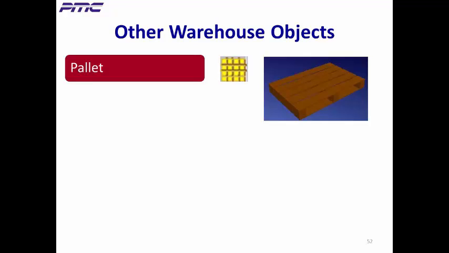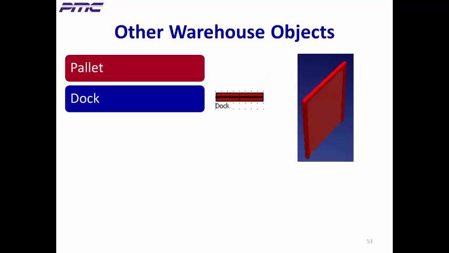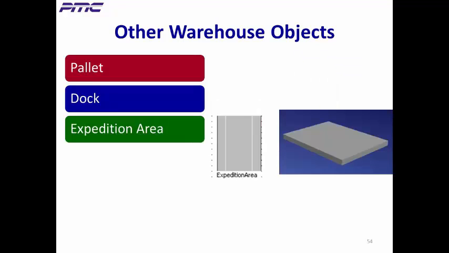They can be customized for width, height, truck connect and deconnect times, pallet pickup and put away times, usage as inbound only, outbound only, or both. The expedition area models the staging areas for the docks. It can be customized for length, width, pallet pickup and place times, and maximum utilization.